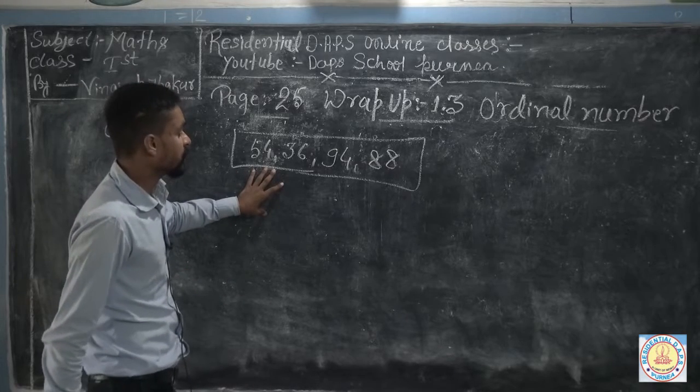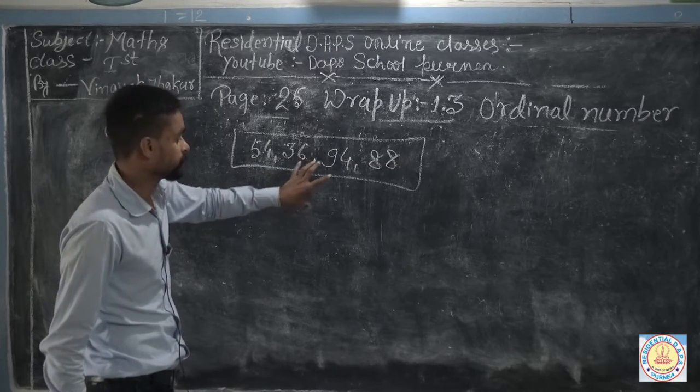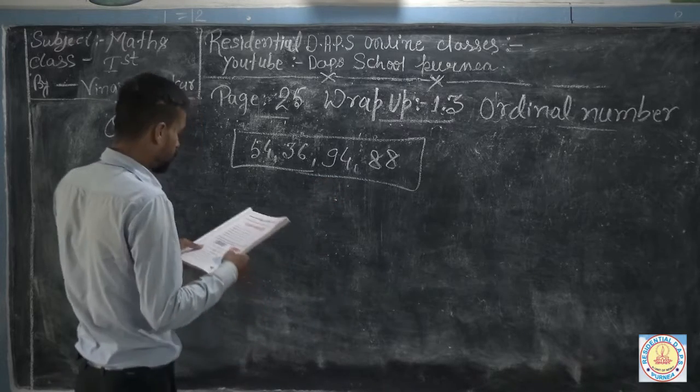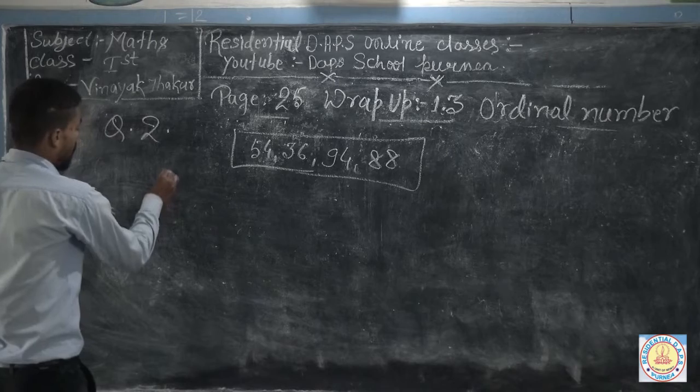This first set of numbers is painted with the blue color, so you have to solve it in ascending order.